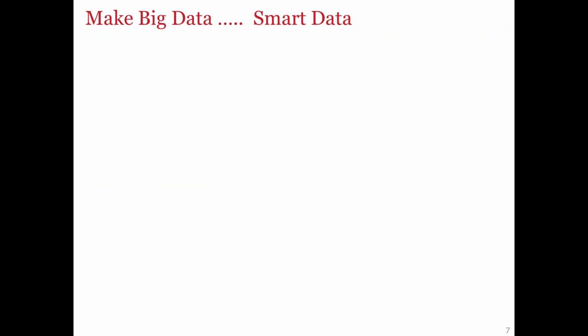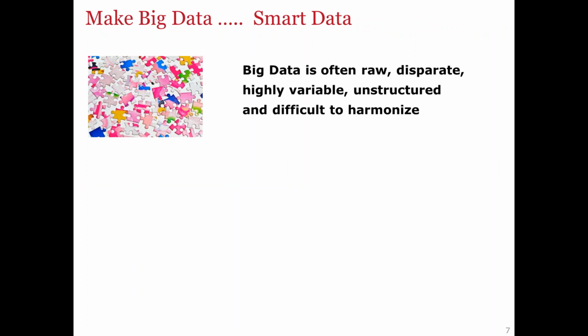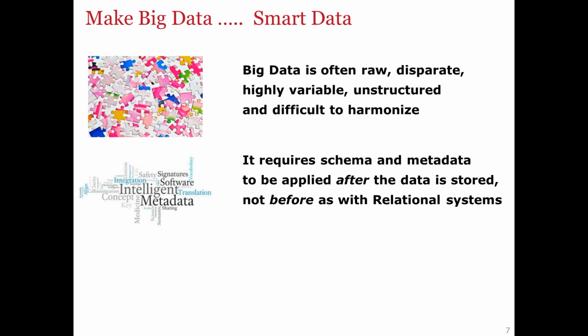We're not getting the clarity that we often need. Big data by itself is very raw, highly disparate, highly variable, and it's very difficult to integrate and harmonize it so that we could take all the pieces and put it together in a very clear, meaningful picture.